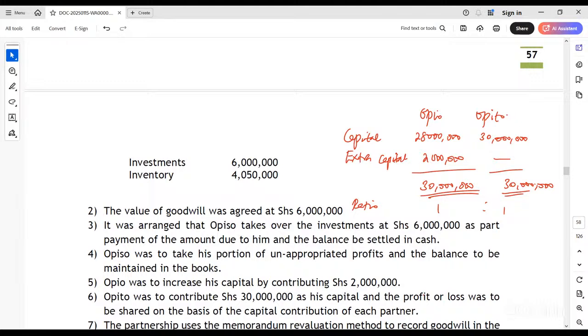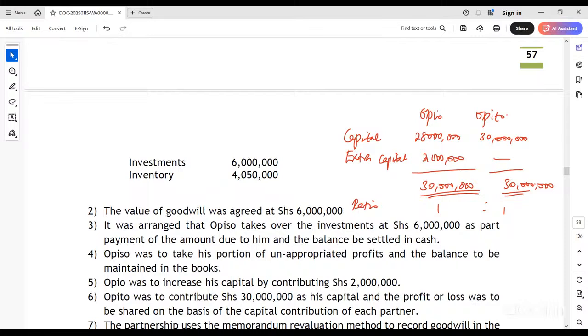Opio, it's 3M. And then Opito, because our Opio has left. So here we are using the new ratios.